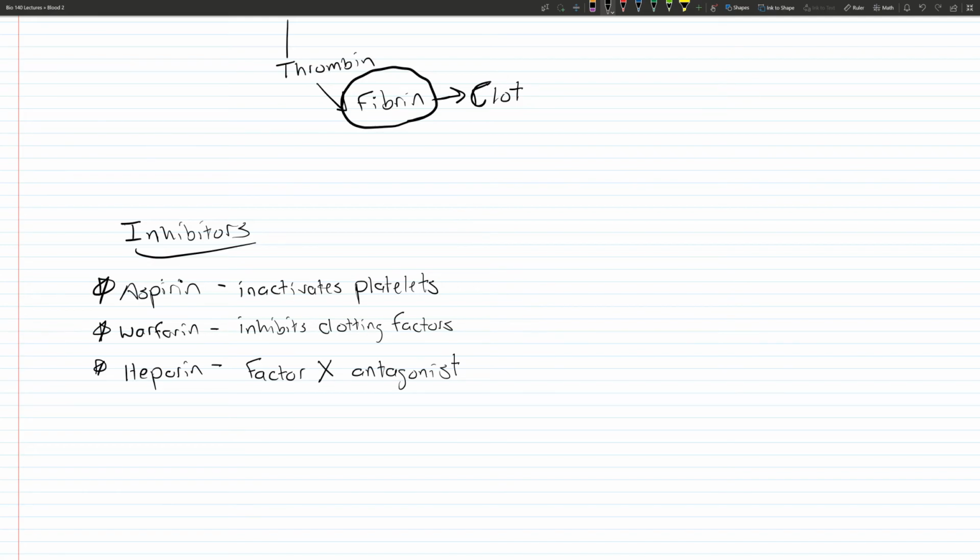The one thing I want you to know about heparin is that if you give somebody heparin who already has clots, you're not doing anything for them. What you're doing is preventing the formation of new clots. The same could be said for warfarin and aspirin, but I've seen a lot of medical students say, oh, they have clots, give them heparin. That's not going to do anything.